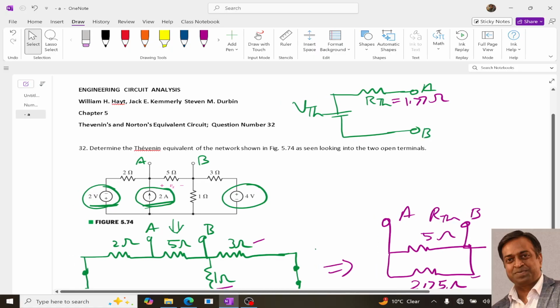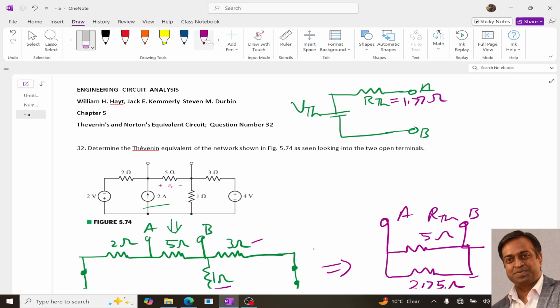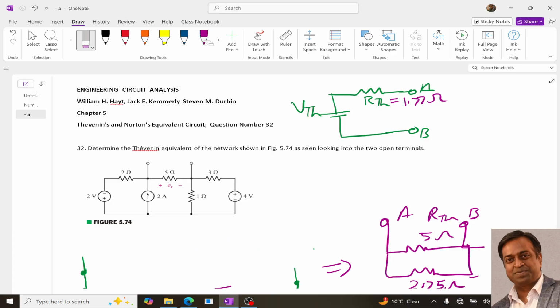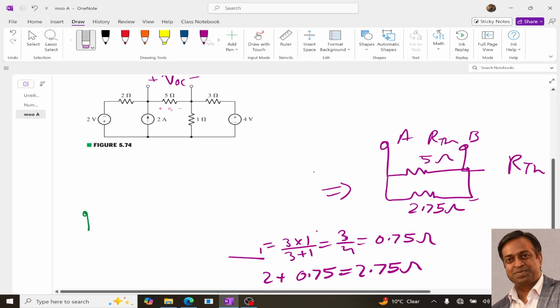Now we need to determine VTH. To determine VTH, I told you in the last video that we need to determine this voltage, plus minus VOC. Somehow we need to determine VOC. To determine VOC, we can use any theorem, so let me use mesh analysis.